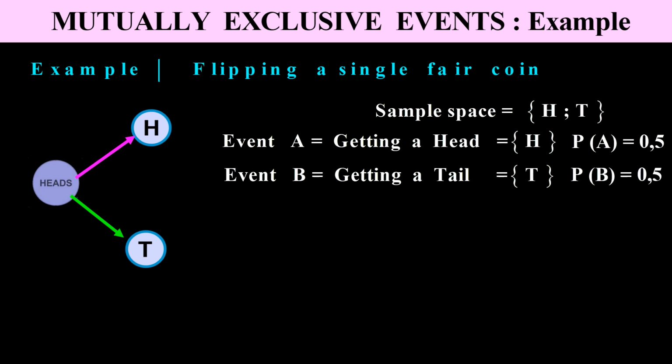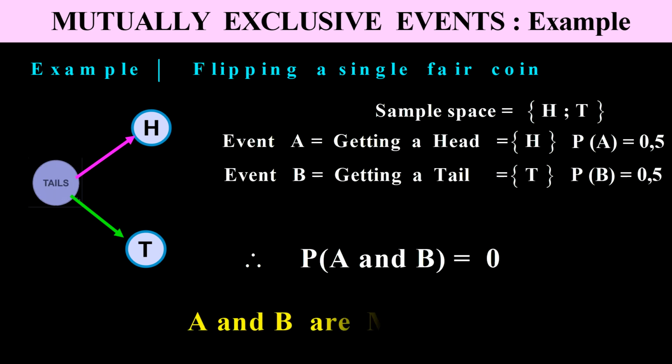And you cannot get a head and a tail at the same time, so there's no overlap. The probability of A and B occurring is 0. Therefore, A and B are mutually exclusive events.